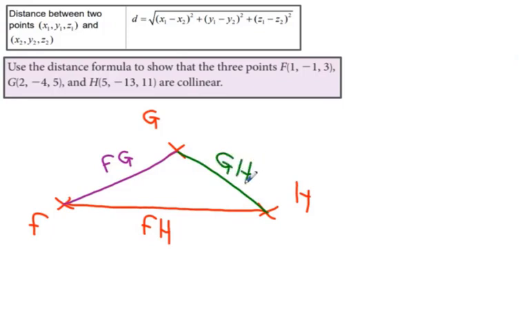if you think about it, FG, this purple distance here, is always going to be longer than this dashed purple line I've drawn here, for the reason that if you just drop a perpendicular down, FG would be the hypotenuse of that little purple right-angled triangle.